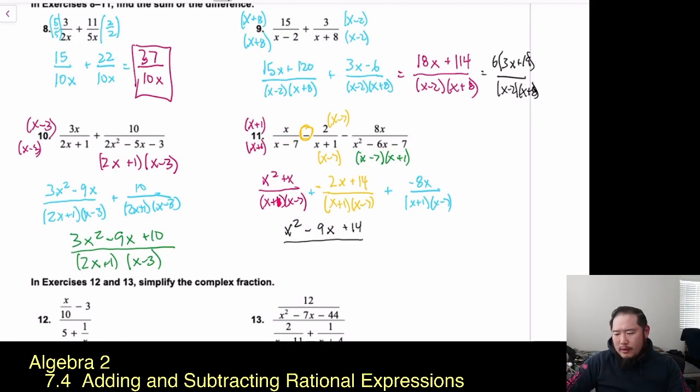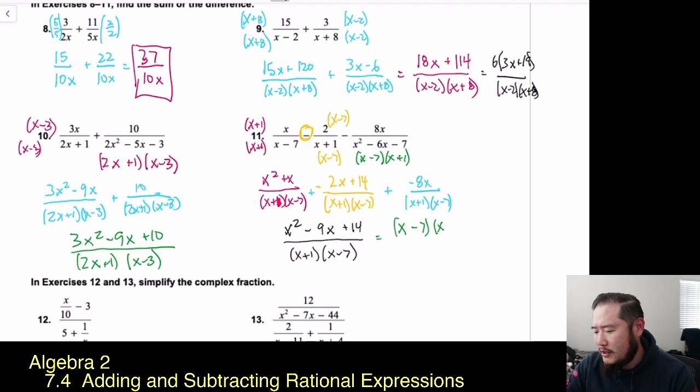Remember, maybe, just maybe, you could factor things even more. And we can right here. I could factor this x squared minus 9x plus 14 to become x minus 7, x minus 2. Negative 7 times negative 2, positive 14. Negative 7 plus negative 2 is negative 9.